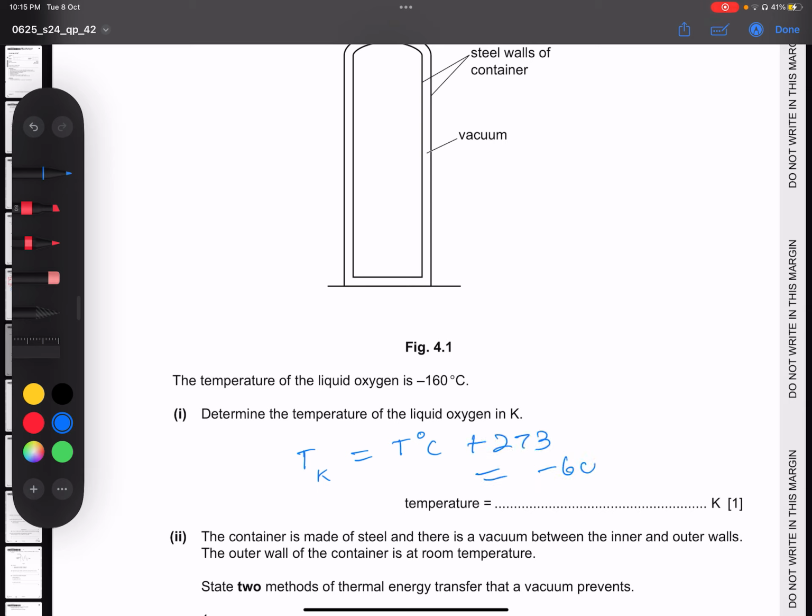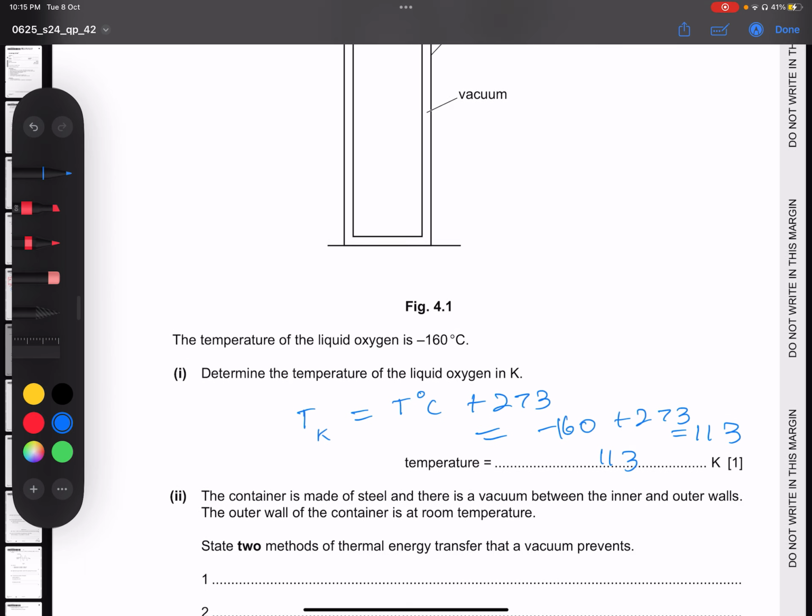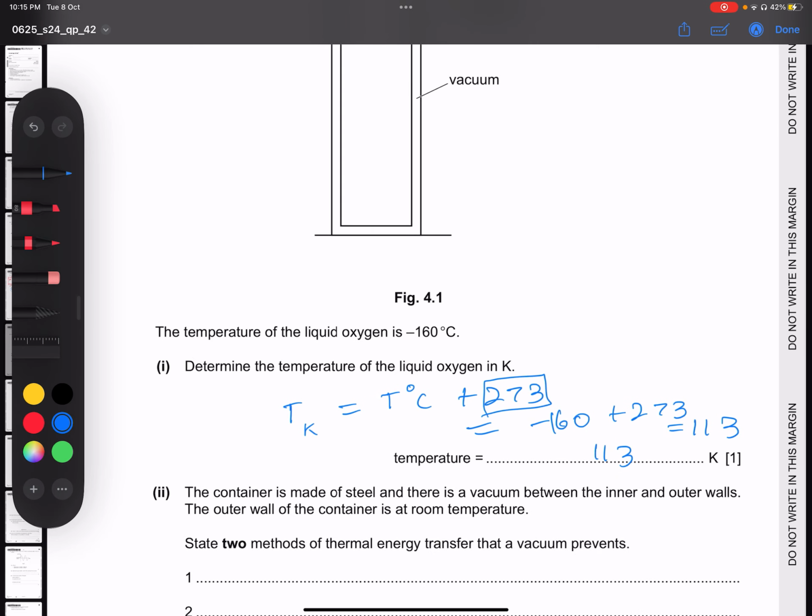So it's minus 160 plus 273, which is 113 Kelvin. Since we're using an exact value of 273, we can keep our answer at three significant figures.